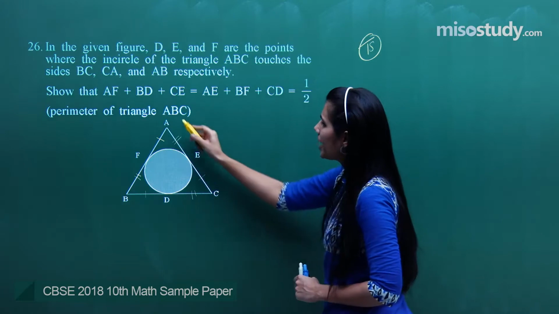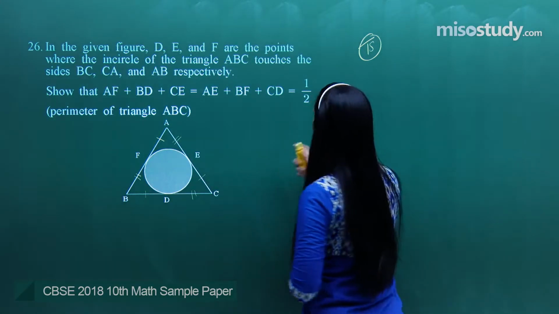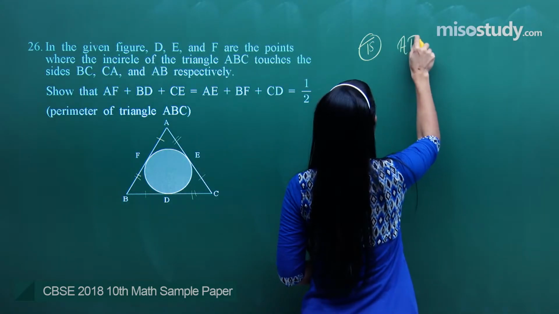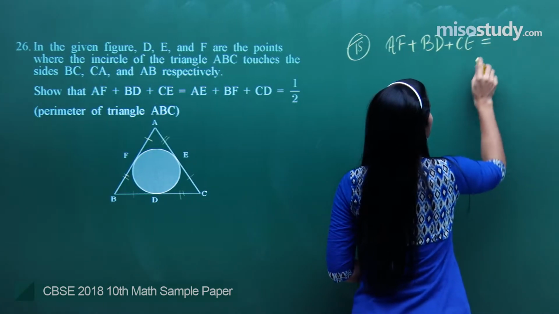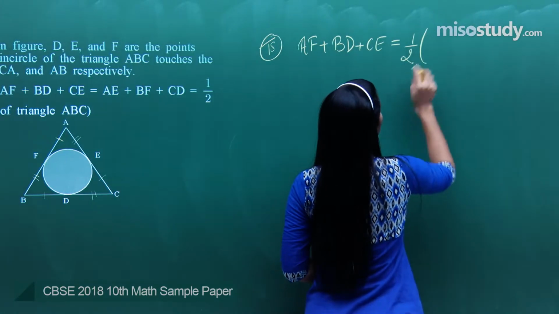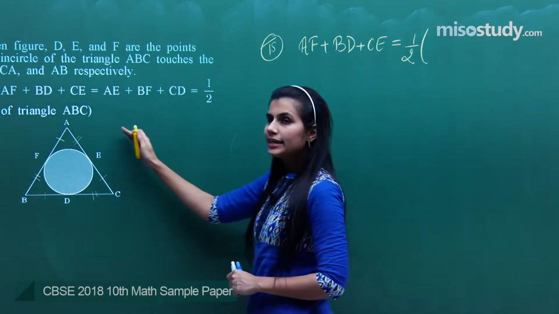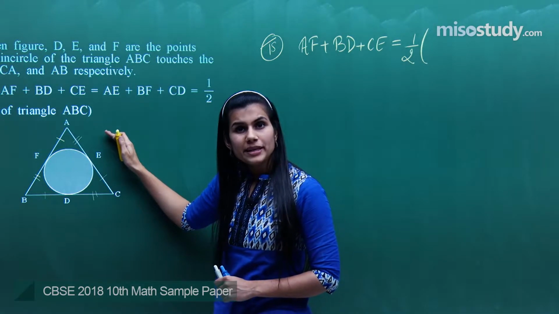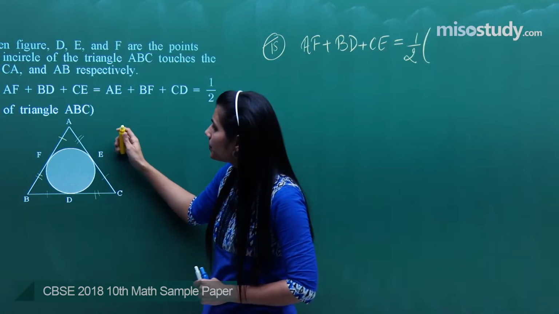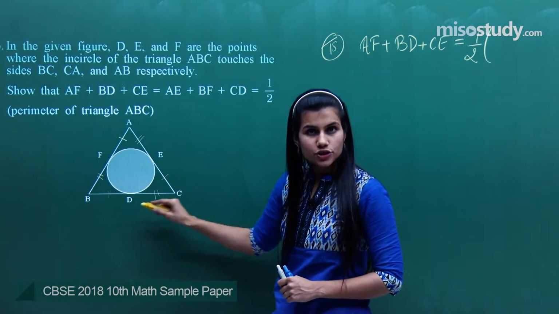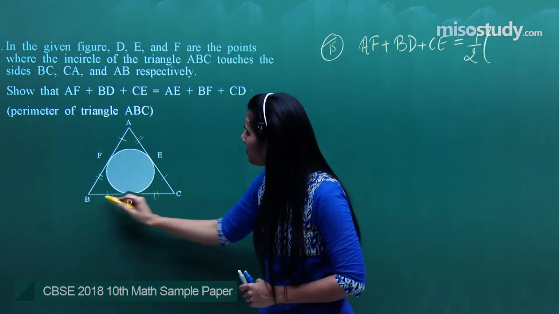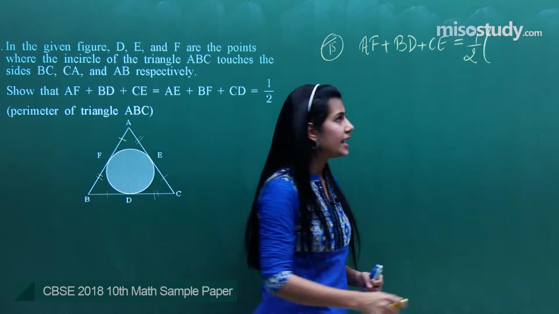I have to show that AF plus BD plus CE is equal to half of perimeter of triangle ABC. What is the perimeter of triangle ABC? That means the measurement of the boundary of this triangle, which is AB plus BC plus CA.